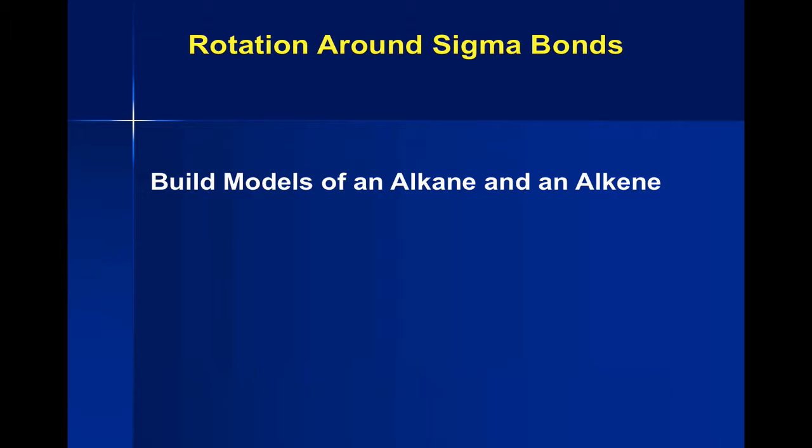How about with butane? I can rotate around everything, right? And so this actually has a fairly fixed conformation. This one, I could look at it like this, or like that, or like that, right? I've got several different conformations that I can look at. So we have free rotation around the carbon-carbon single bonds, but we do not have free rotation around the carbon-carbon double bonds, right? All right.